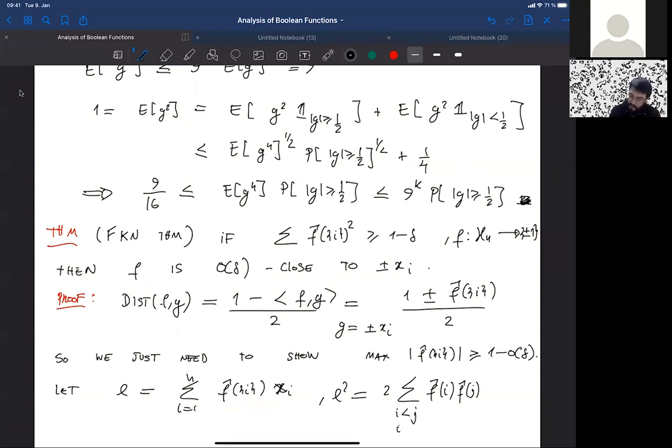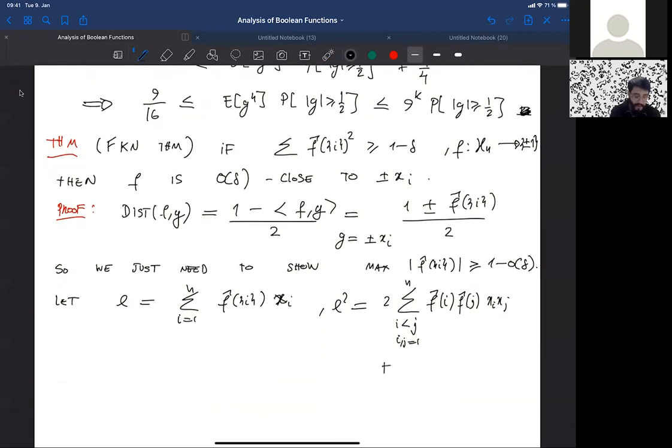It is 2 times the sum over i less than j, i, j equals 1 to n, of f hat i f hat j x_i x_j, plus the diagonal terms, which will be these guys. And we can assume that this is greater or equal than 1 minus delta. Well, I can assume that this is exactly 1 minus delta without loss of generality.